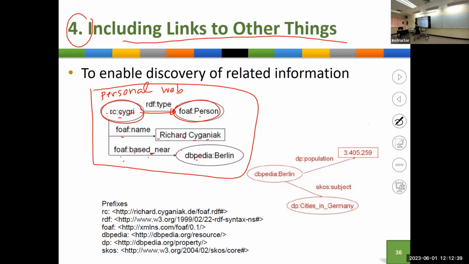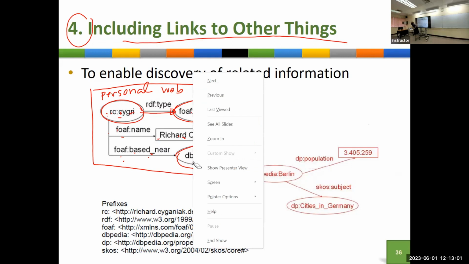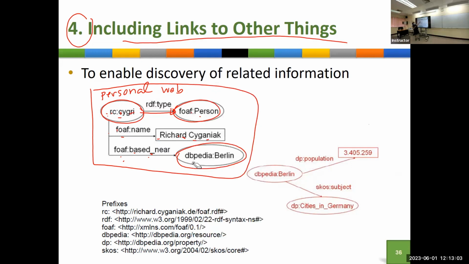But the way we refer to Berlin, if we define the Berlin URI on our own, then it's just not connecting anywhere, right? It's just within the personal website space. But now this URI refers to DBpedia Berlin, meaning that this personal piece of RDF graph refers to the DBpedia Berlin.